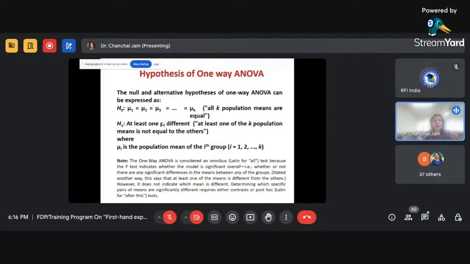So this is the kind of limitation of the one-way ANOVA: it says that in at least one of the groups the difference exists, but in which group, or in more than one group, we cannot ascertain using the one-way ANOVA. For that, we need to further go for multiple comparisons, that is post-hoc tests. I hope I'm clear on the slide. Right? May I proceed?